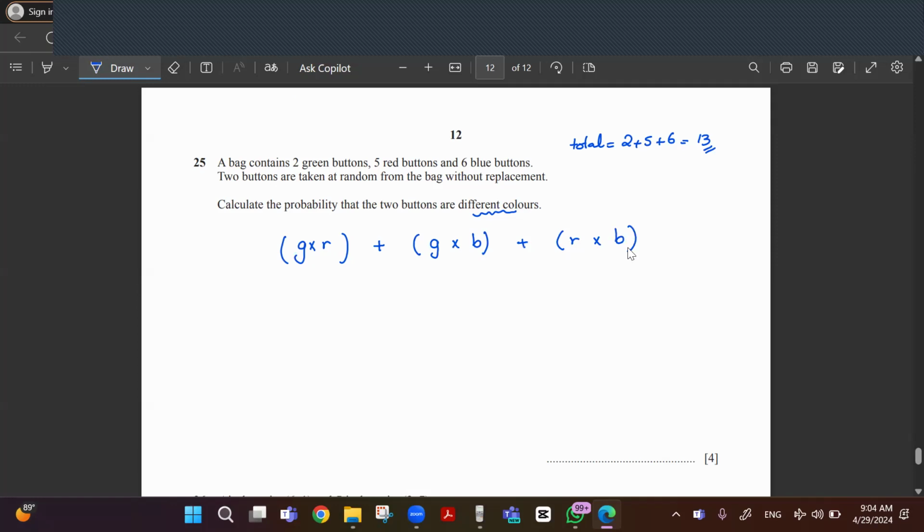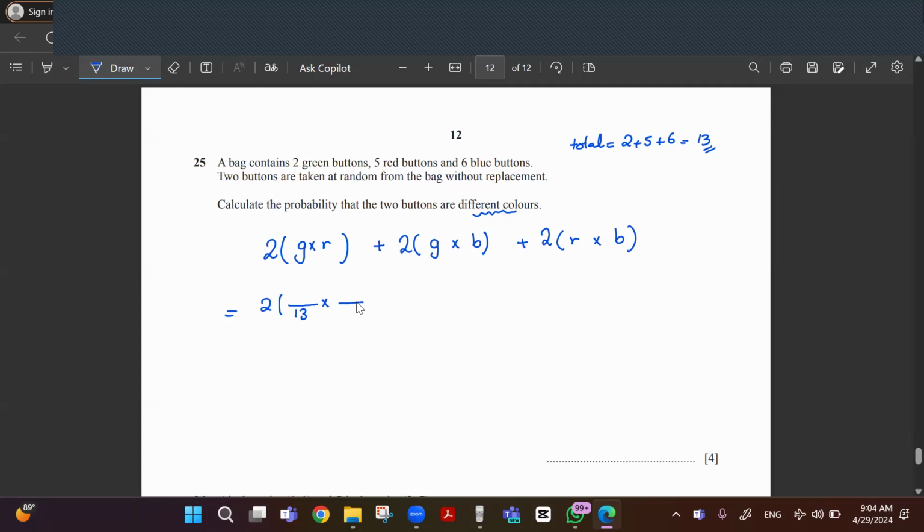No. But for green and red, or green and blue, or red and blue, I can order them: green then red, or red then green. So multiply by 2 outside, but they are different. Same here, green then blue, or blue then green. Here, red then blue, or blue then red. So multiply by 2.